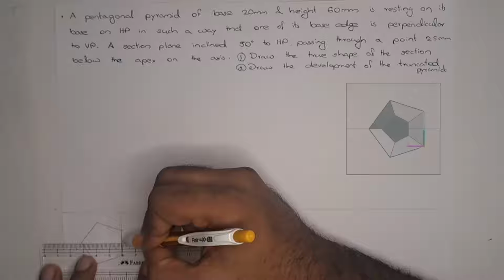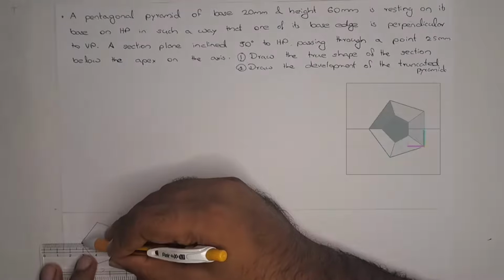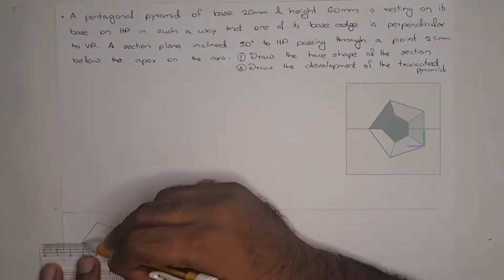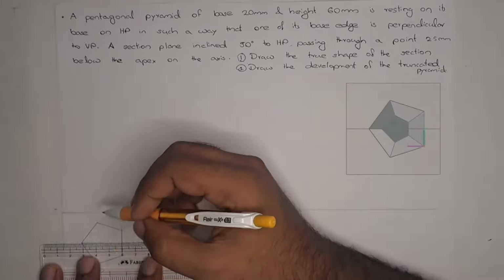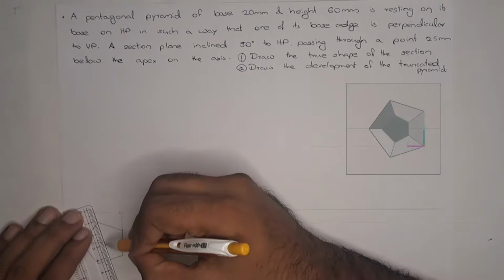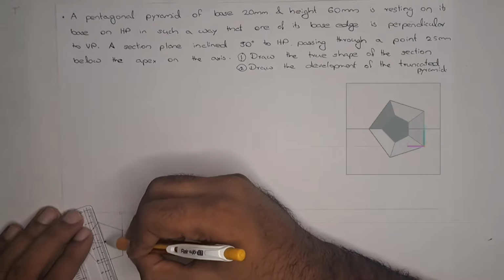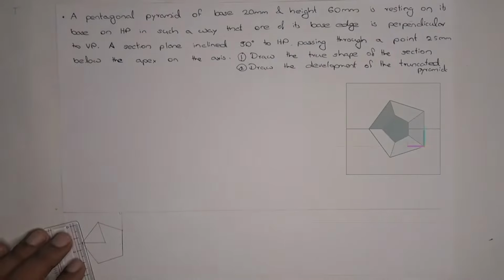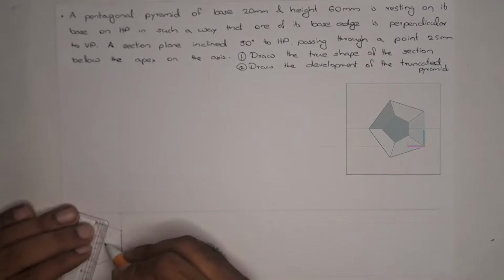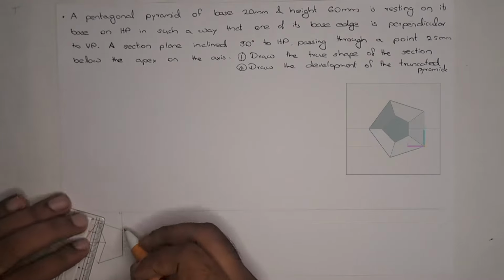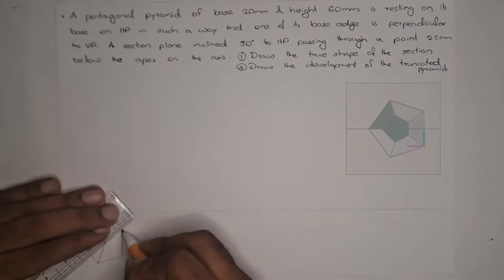Make sure you're drawing the lines from every corner. So this is the midpoint. Now we can mark the lines to every corner.